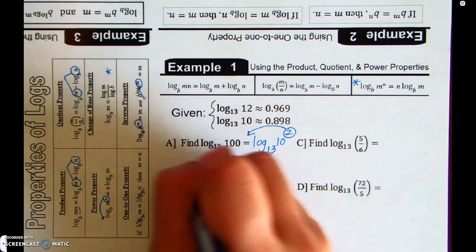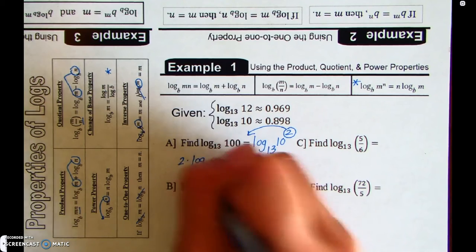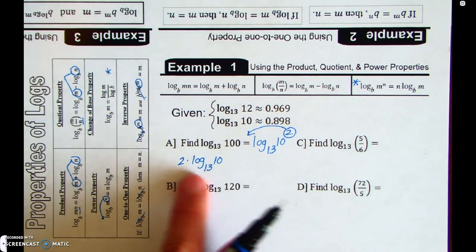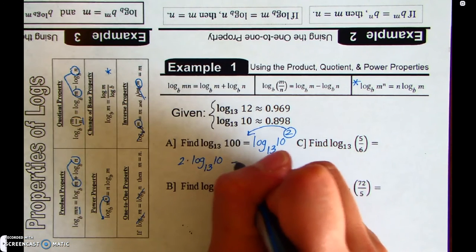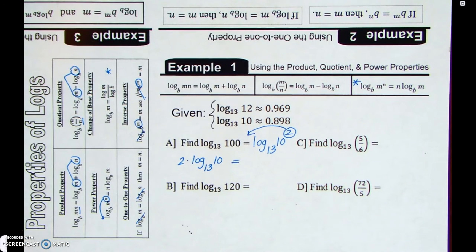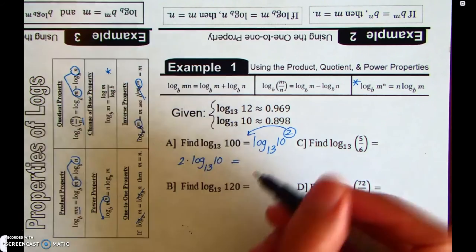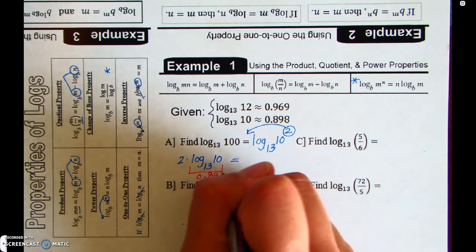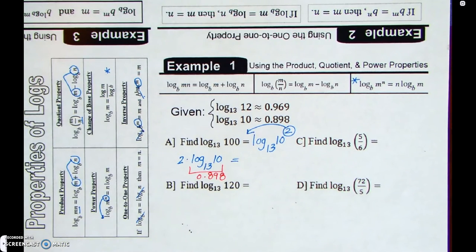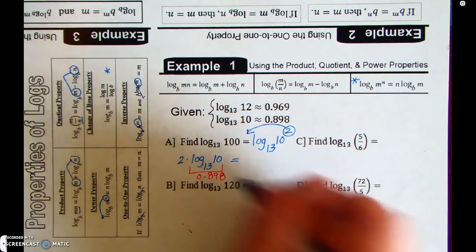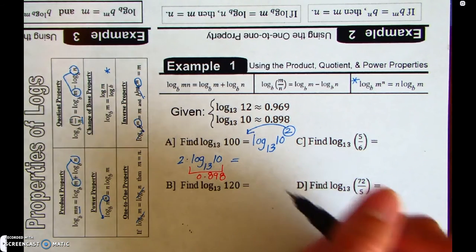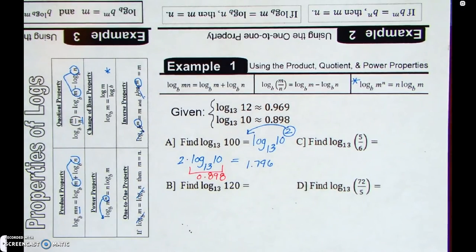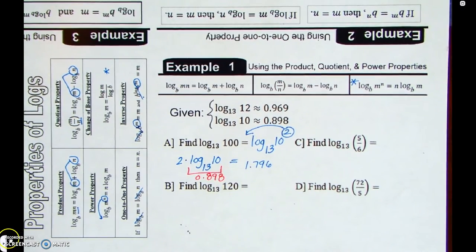So now I have 2 times log base 13 of 10. Do we know what log base 13 of 10 is? Yes, we do. It's approximately 0.898. So now you multiply 2 times that number, which using your calculator gives you 1.796. That is one way of looking at this problem.